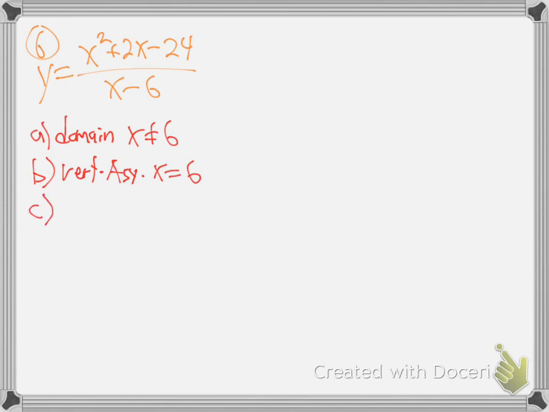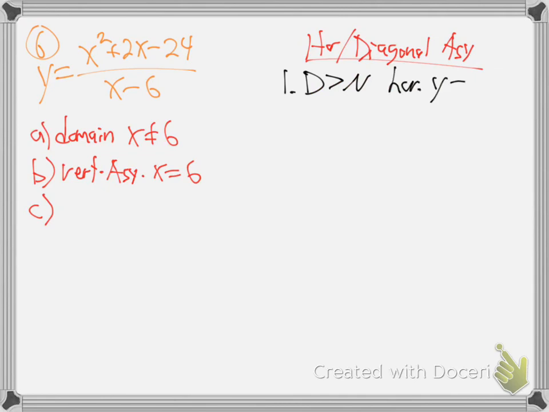So remember again, I gave the rules for the horizontal, diagonal asymptotes. Let me write them up here again real quick. So, case 1, if the denominator is bigger, and it doesn't matter by how much, if the bottom is bigger, then it's a horizontal y equals 0. If they're equal, then it's also a horizontal, but it's a over b. It's not 0.